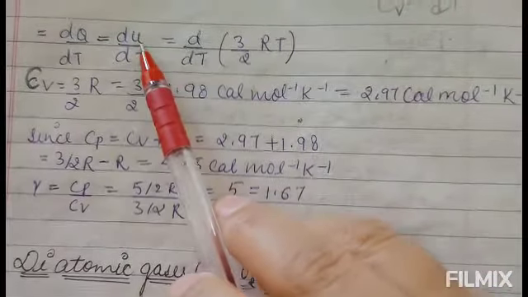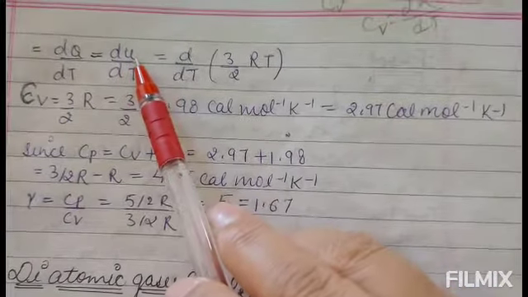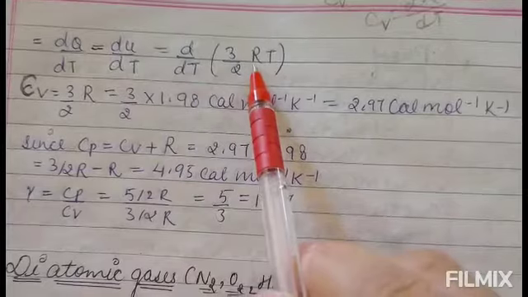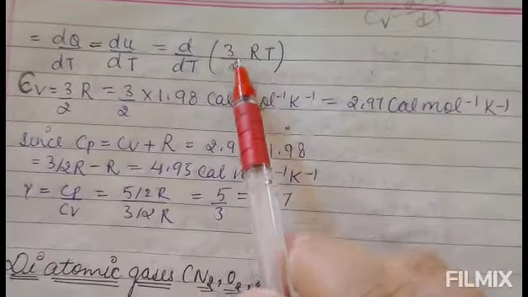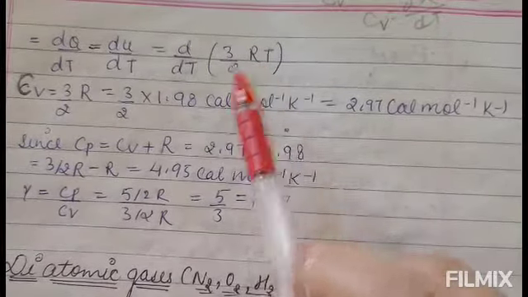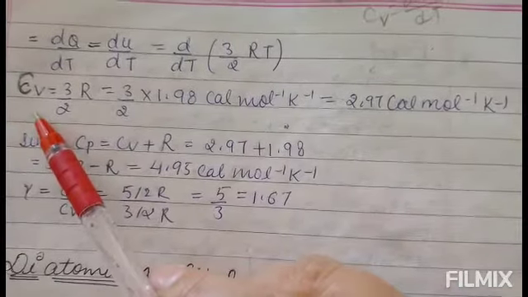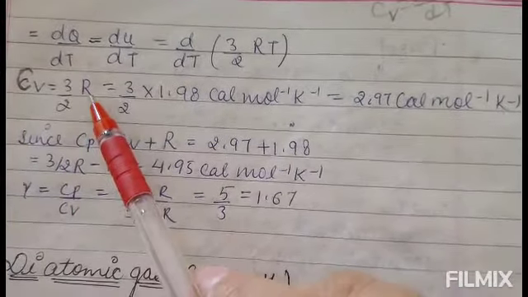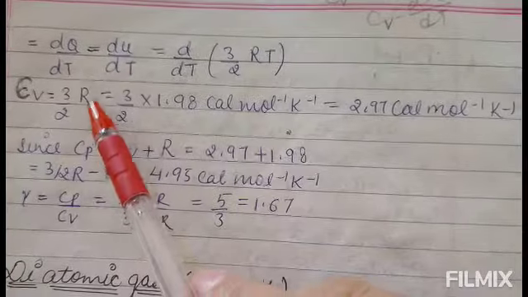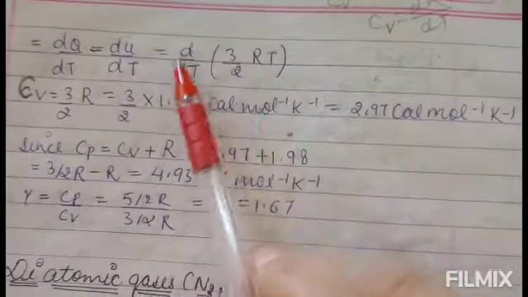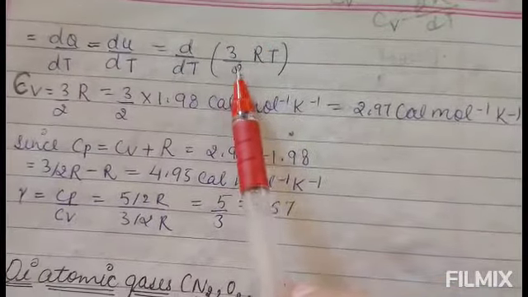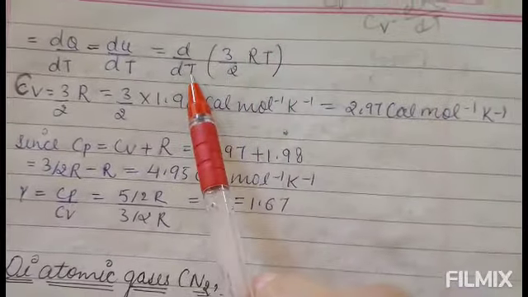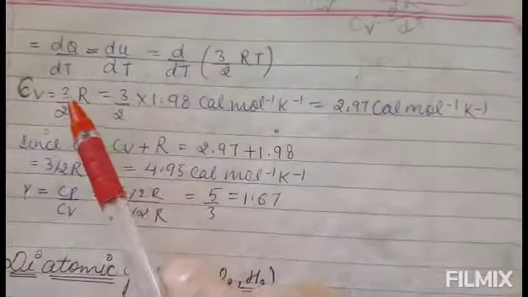This value of U we have already calculated for the monoatomic gas. Differentiating with respect to T, dT upon dT is 1, so Cv comes to 3/2 R.